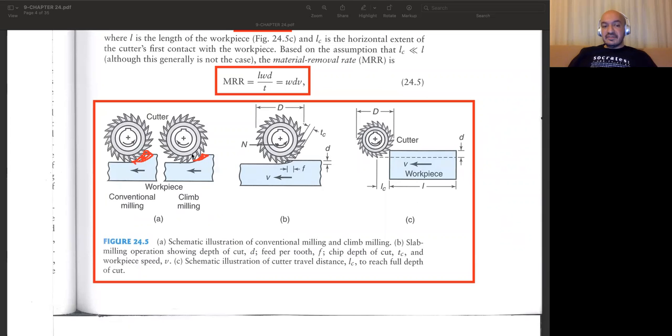So this is another difference I can say. So in summary, in the conventional milling, once we start to remove material from the workpiece, the thickness of the chip is lower, but it gets thicker as we rotate this cutter. And it's not the same in the climb milling. In climb milling, we start with a thicker chip and then it gets thinner once our teeth are going into the workpiece.